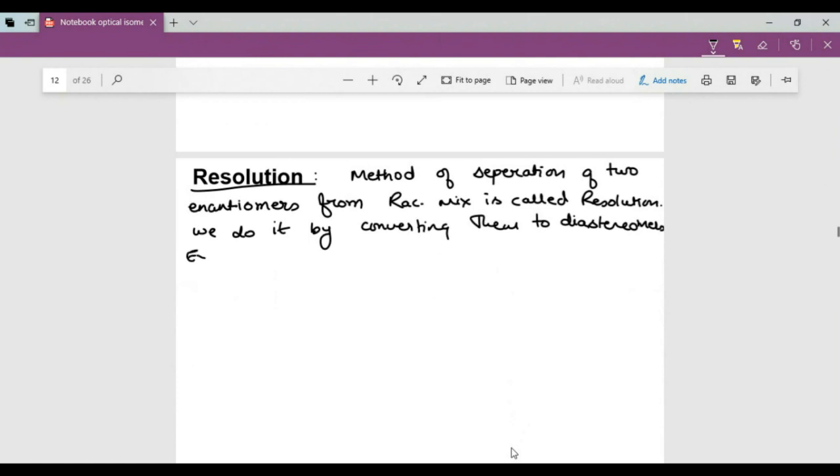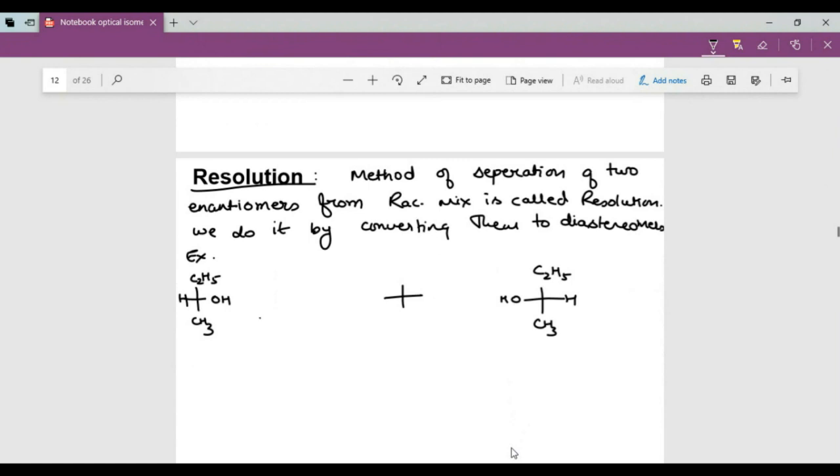For example, if I had to separate 2-butanol, let this be one isomer of 2-butanol, and the other isomer of 2-butanol is CH3, OH, H. Now I have this mixture, both of them present.